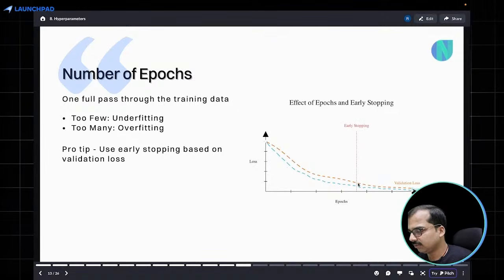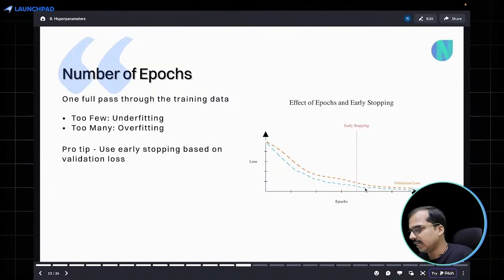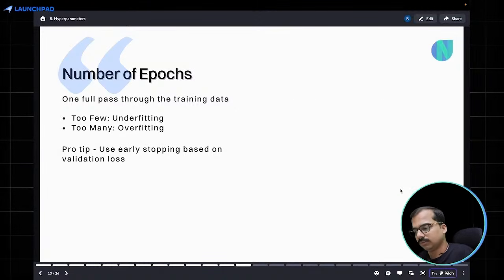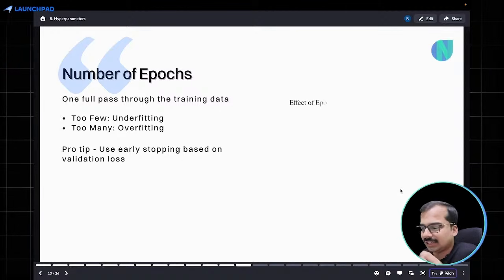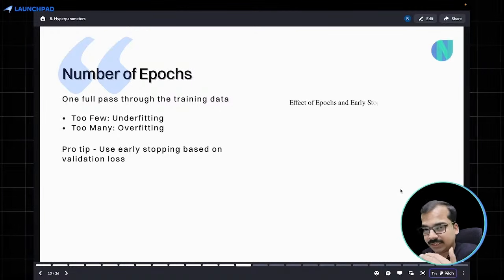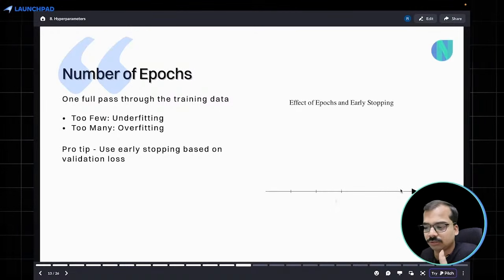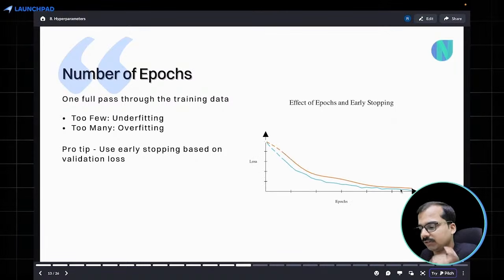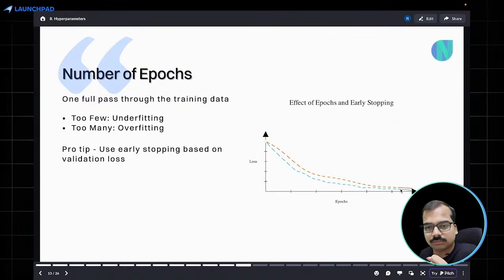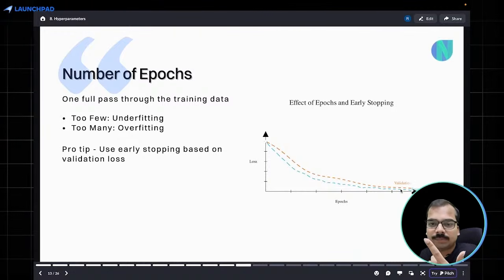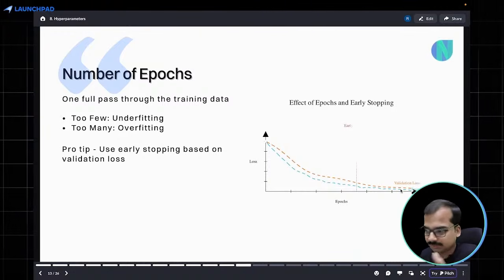So wherever your validation loss has stopped reducing but your training loss is still going down, you say okay, I'll stop. It might be possible that your training loss still goes down because of the overfitting situation, but on your unseen data your loss actually starts to go upwards, increases, then you'll stop.